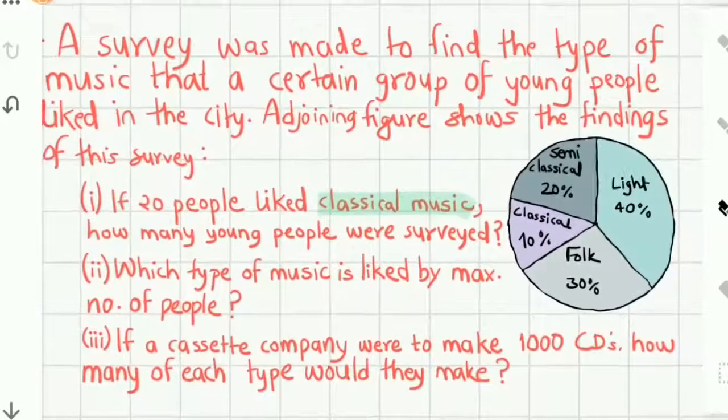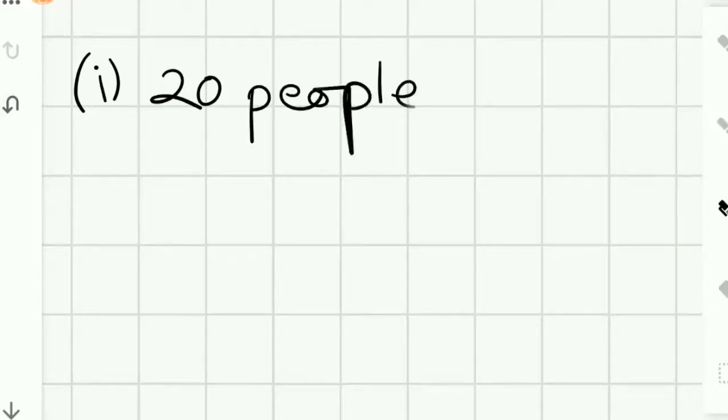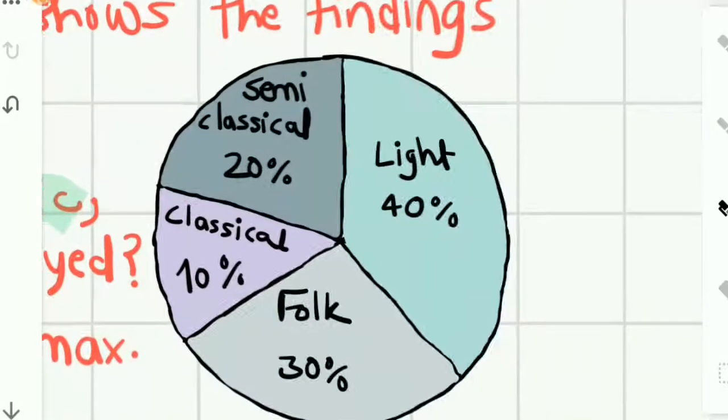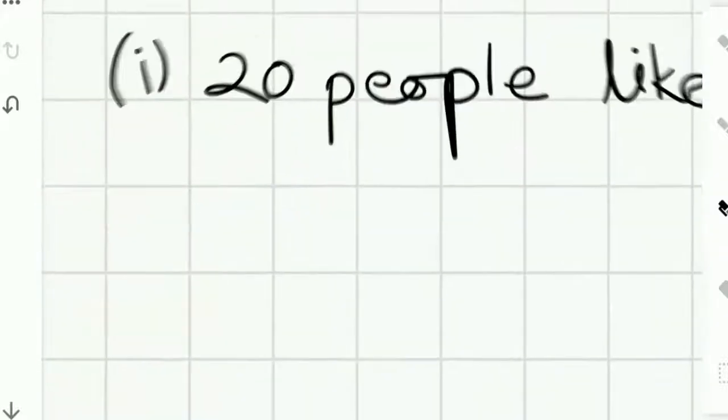It must be confusing in words. Let's see. First question is, 20 people liked classical. Okay, and from the pie chart we can see that 10% of the total people who were surveyed liked it.